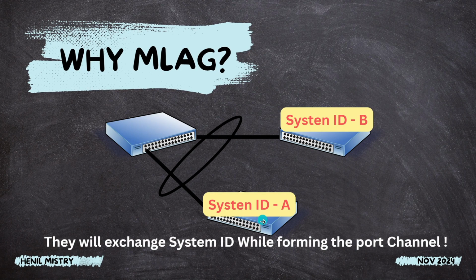So this switch and this switch will have different MAC addresses for sure, and they can have the same priority, but they will still have different system IDs. So this switch will send system ID B and this one will send system ID A. The port channel will not be formed, because it is a rule of port channels that all ports in the same port channel must receive the same system ID.